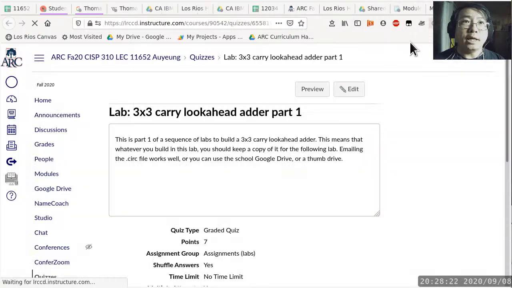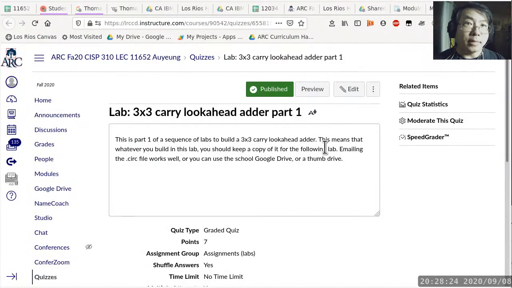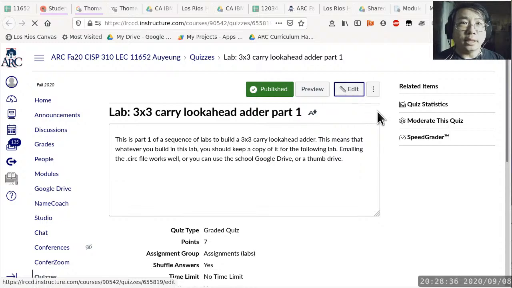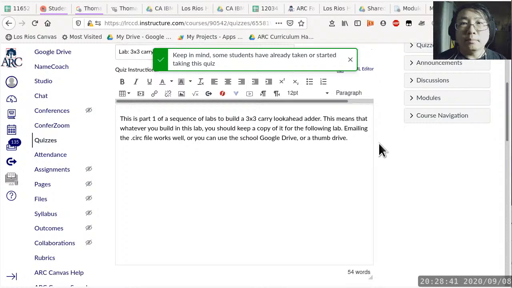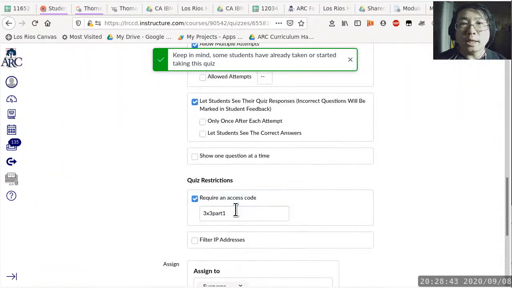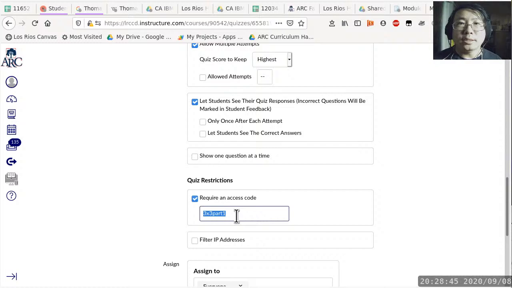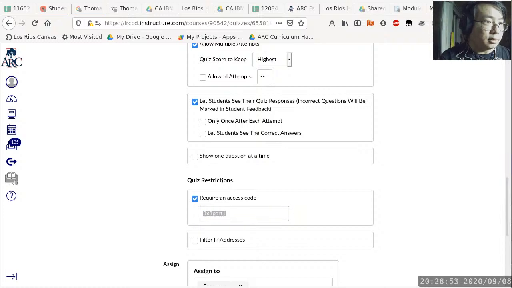Meaning that you don't have to rush it, but you might want to get started on this one early, like tonight, so that I will still be able to answer questions in a more interactive way. But what I'm trying to check right now is the passcode to it. The passcode is right here. This is the access code that you need to start the lab. It is 3x3 part 1, which has nothing to do with the manga 3x3.